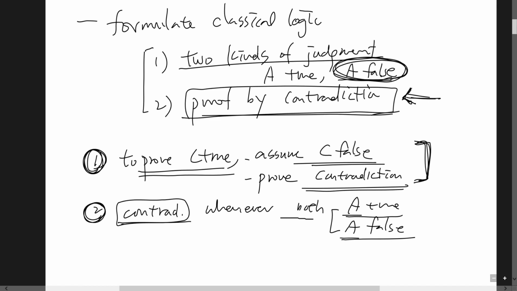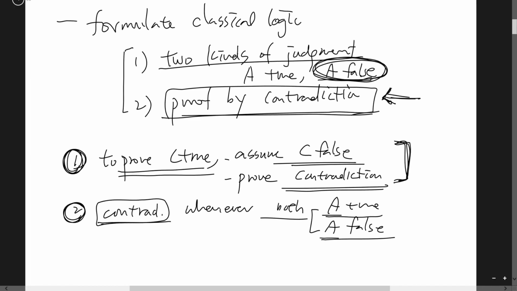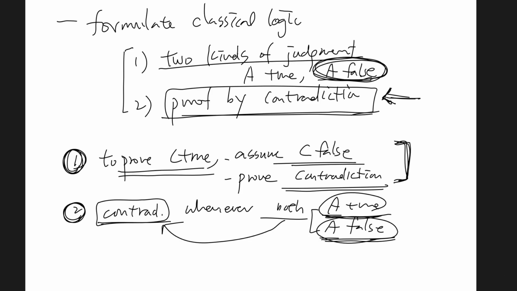And the idea is whenever we have A true and A false as an assumption or as conclusion, we show this contradiction. So that's the essence of this new formulation of classical logic.